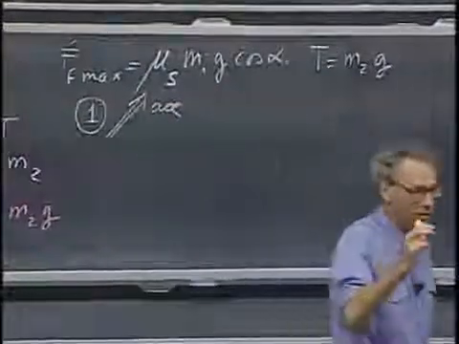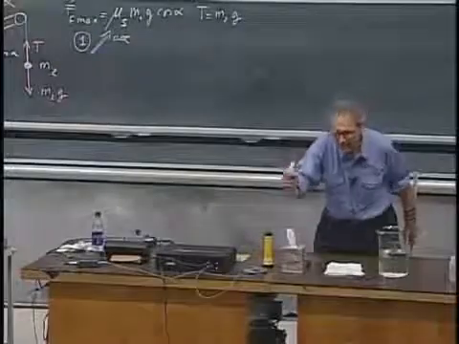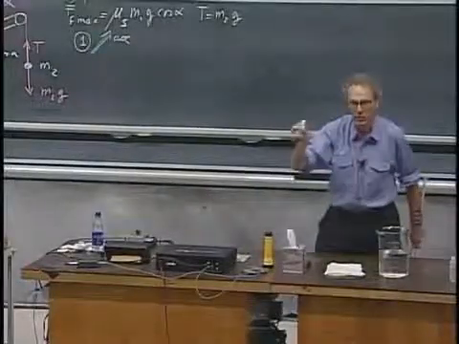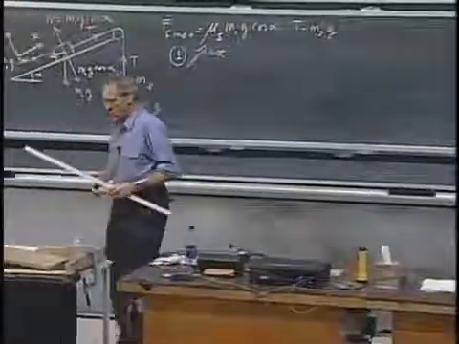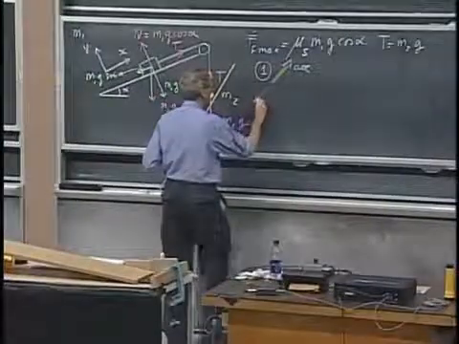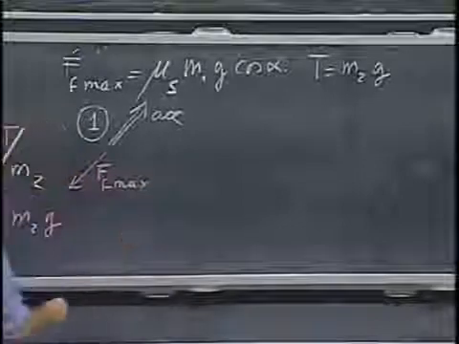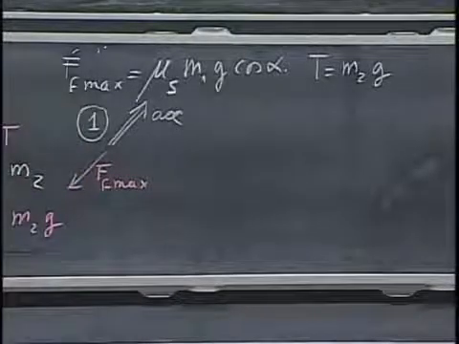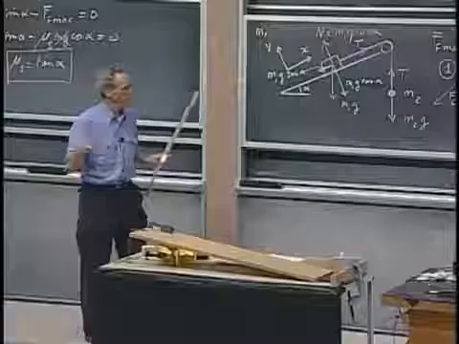Now I have to start splitting in the following situation. My first option is that I make the assumption that the system is just about to start accelerating upwards. It isn't doing it yet. It is just about to do that. If that's the case, then I know that the frictional force will be in this direction, and it will have reached the maximum value with the static friction coefficient. Now I can write down in the x direction Newton's second law.